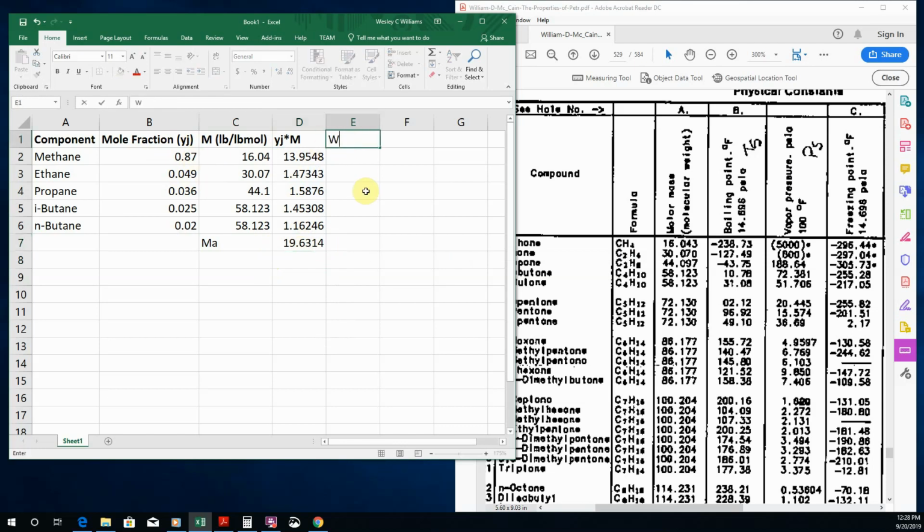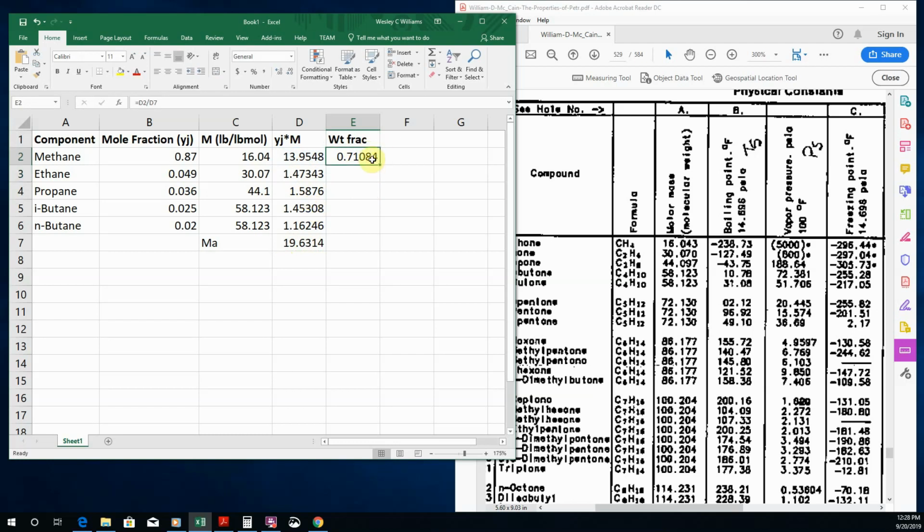All that is, is this value divided by the overall. So it's how much of the total mass is made up by each component's mass. So there's the answer to that.